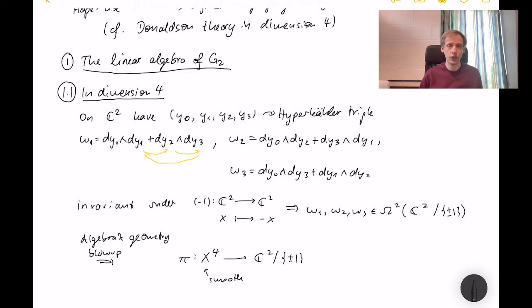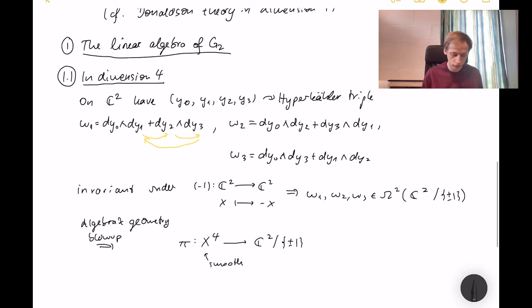And from algebraic geometry alone, we get that this is a complex surface. So we endow C2 mod plus minus 1 with some complex structure that defines the blow-up, and we get a complex structure on X. But we have even more than that. We have that the whole hyperkähler triple survives on X.